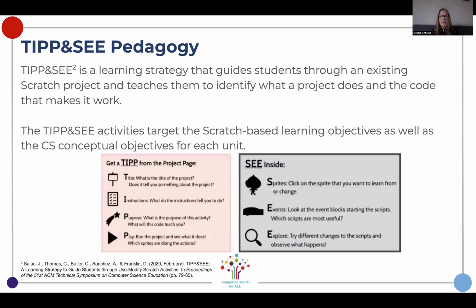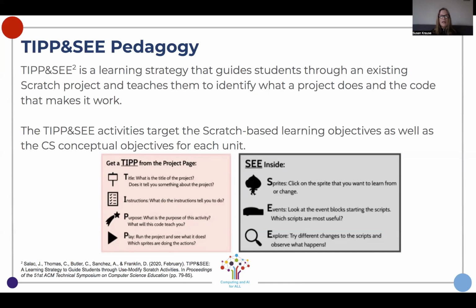The Tip-and-See pedagogy. Tip-and-See is a learning strategy that guides students through an existing Scratch project and teaches them to identify what the project does and how the code makes it work.